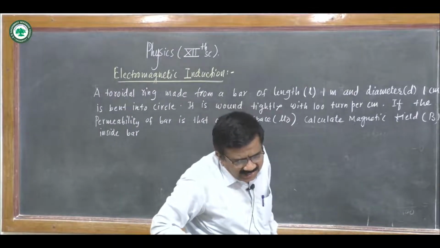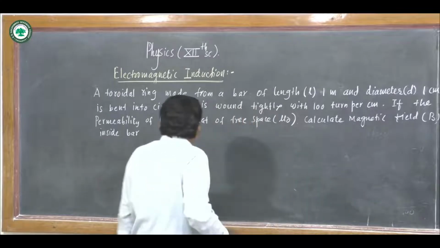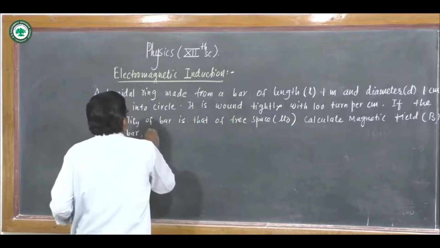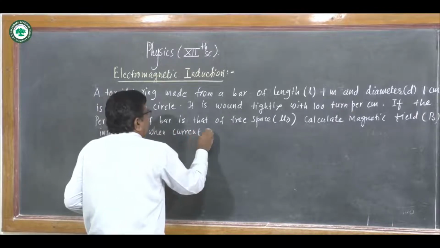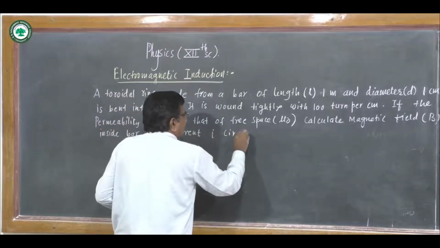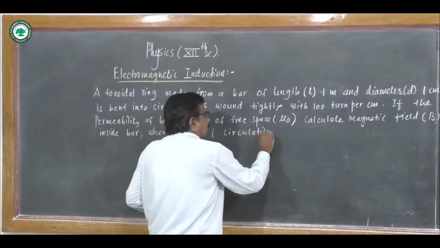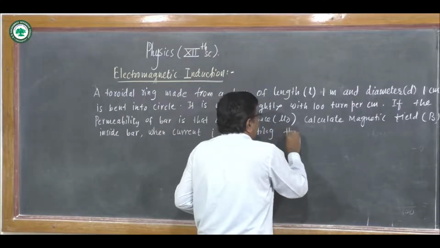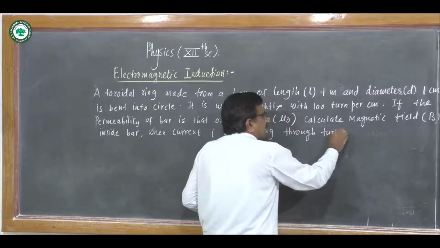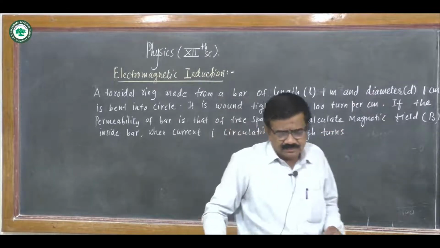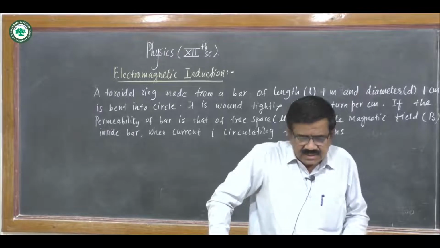When current I circulating through the turns is 100 ampere.